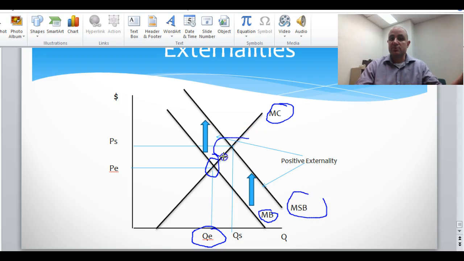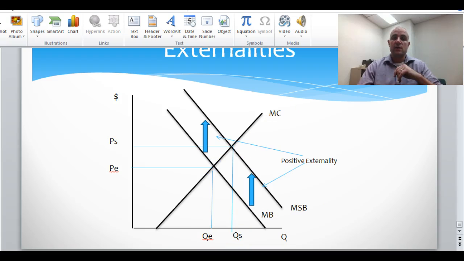And so we should be producing where the marginal cost equals the marginal social benefit. So we should be at QS. So we're actually not producing at a level where society as a whole is benefiting the most. We are underproducing.